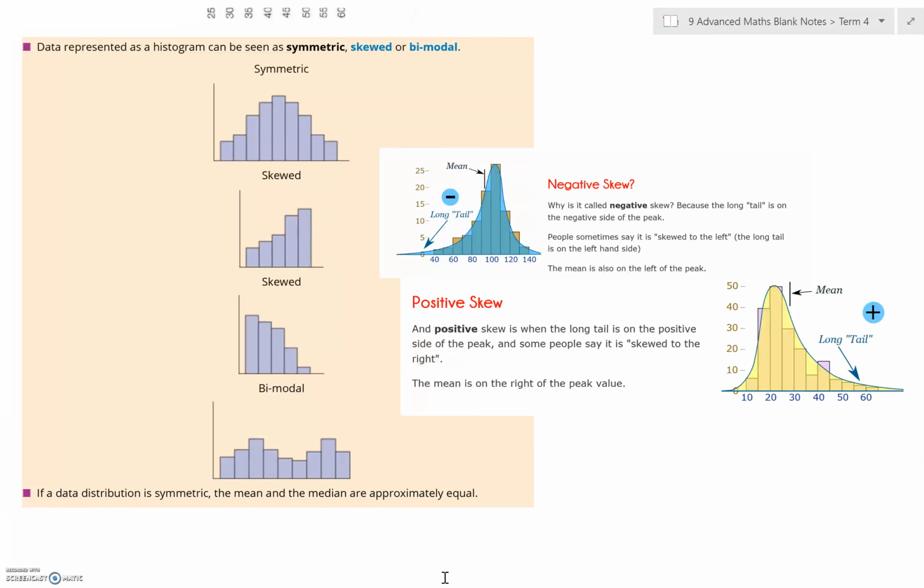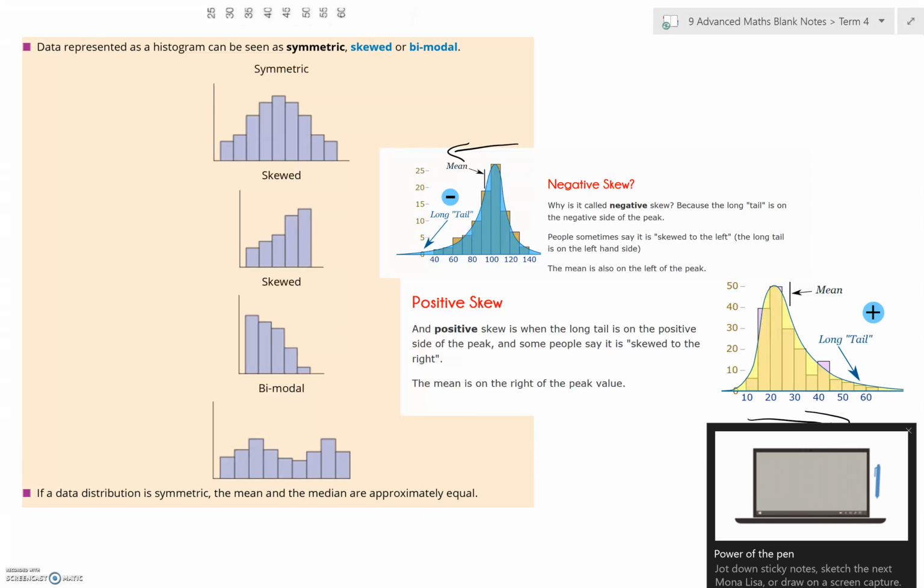The negative skew is called that when the long tail is on the negative side of the peak, the left-hand side, heading to the left. So when the long part of the graph is as the values get lower and lower, heading towards the negative, it's called a negatively skewed graph. The positively skewed graph is just the opposite. In this case, the long tail heads towards the positive direction.